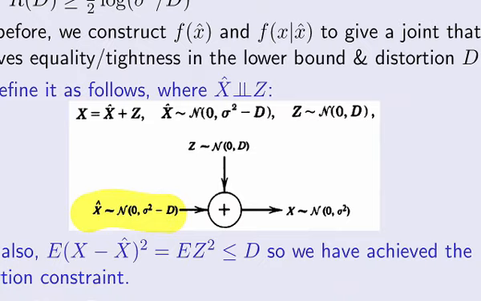The output is going to be x, which is a Gaussian also with variance sigma squared, and the noise is going to be z, which is a Gaussian with distortion d. And so when you add z and x hat together in this fashion, what we're going to get is an x with variance sigma squared. Okay. So again, z and x hat are independent.